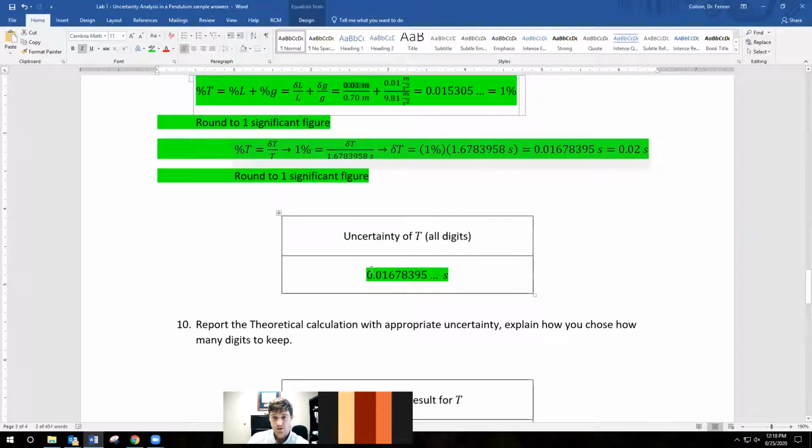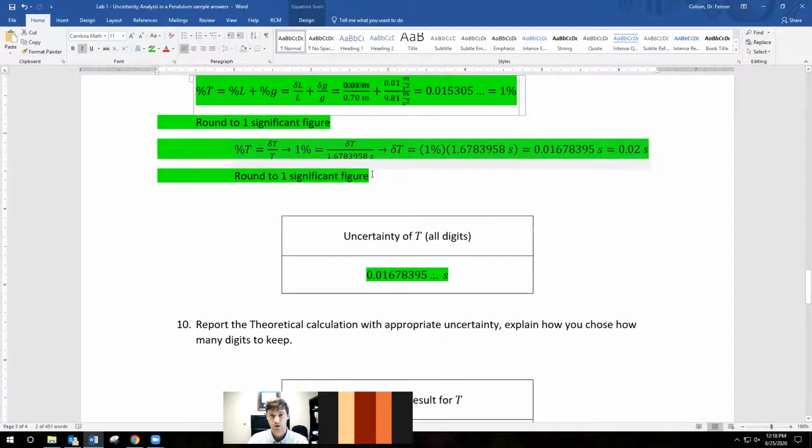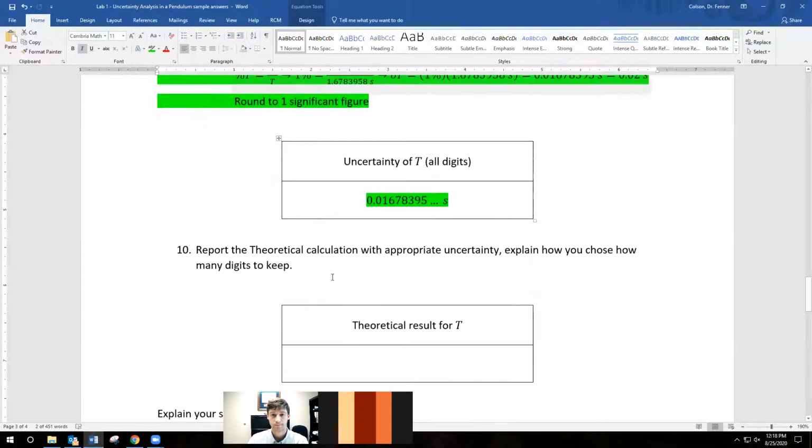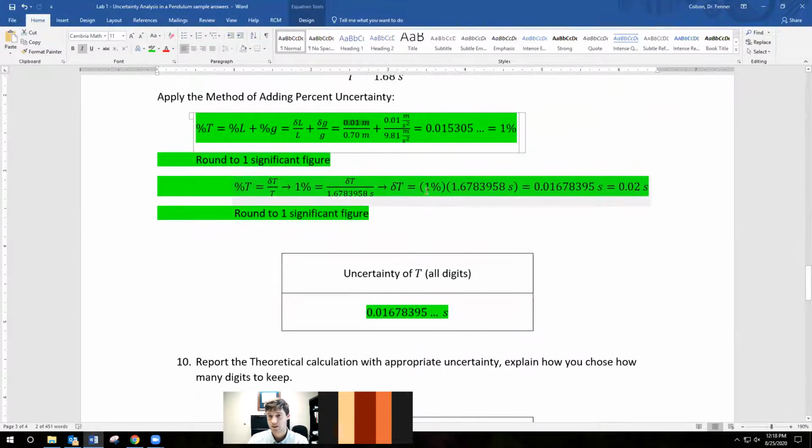So all the digits for the uncertainty of t are to these two. But like I said, you'll round the uncertainty to one significant figure because the 1% term has just one significant figure, and that originated from the fact that the uncertainty of the length and the uncertainty in gravity only have one significant figure.